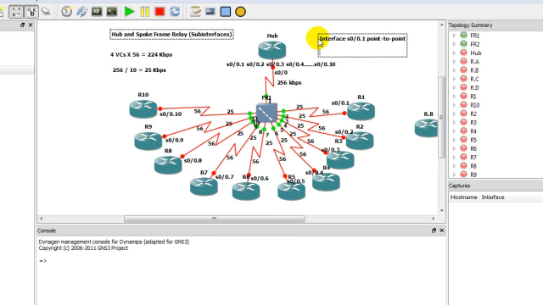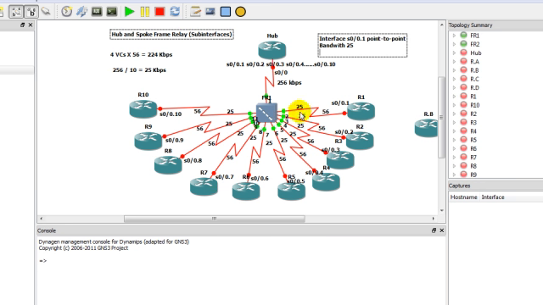I have to use the bandwidth command here with 25, and because the bandwidth of this line is small, on this serial it is good to use the percentage command.